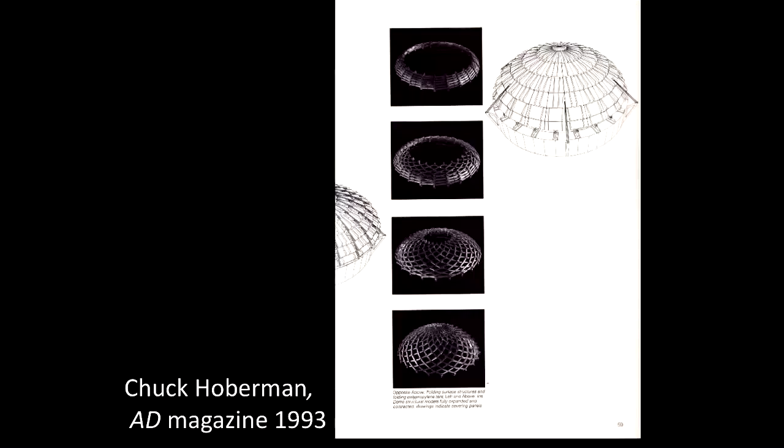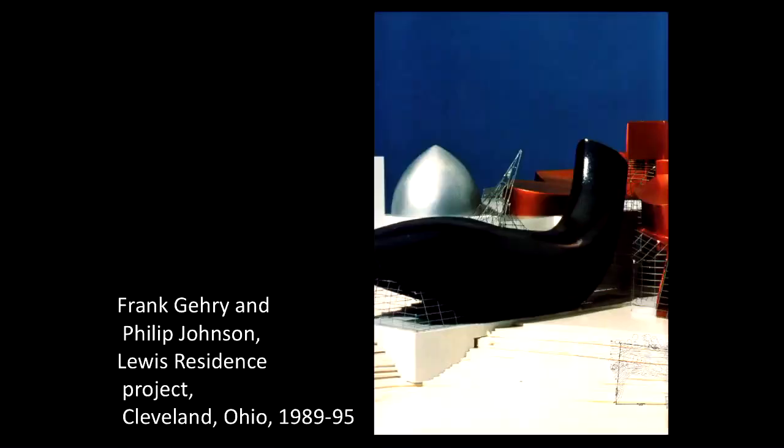They have an article on the designs of Chuck Hoberman, these collapsing and opening structures that really don't have anything to do with parametric architecture. They do have an image of the Frank Gehry and Philip Johnson Lewis residence project, which I think in the end was never built.